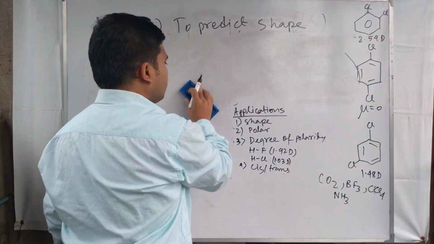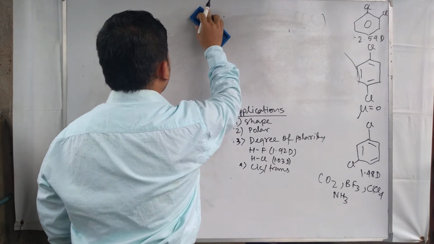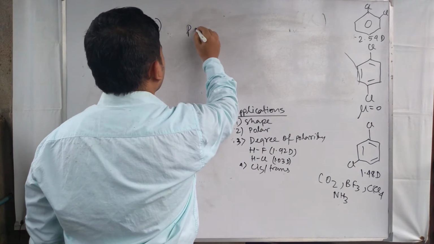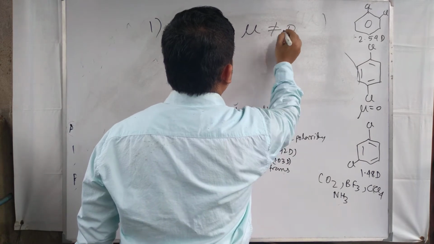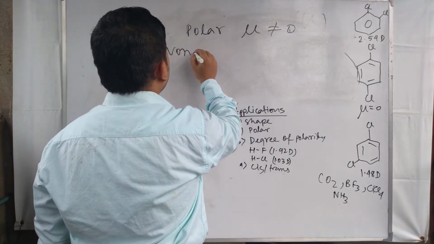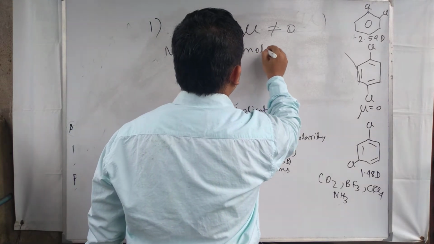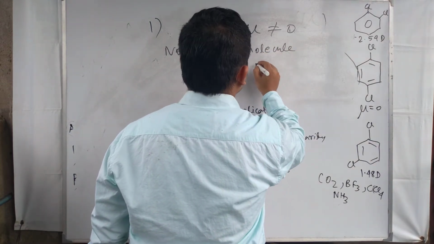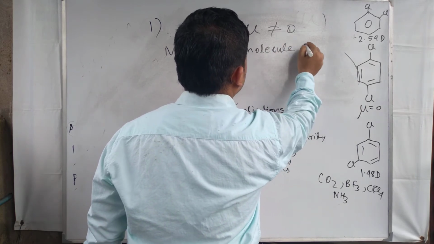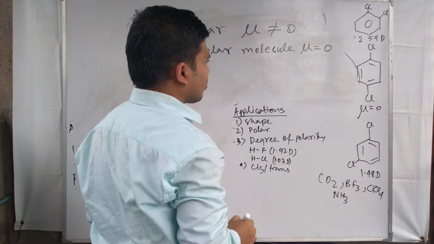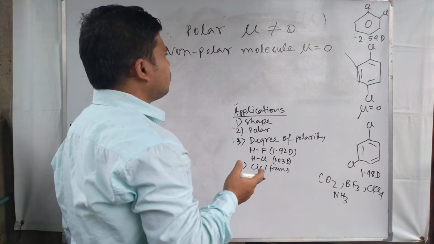Another important application is for finding polar or non-polar. For a molecule to be polar, its dipole moment must be not equal to 0, and for a molecule to be non-polar, the dipole moment should be 0.